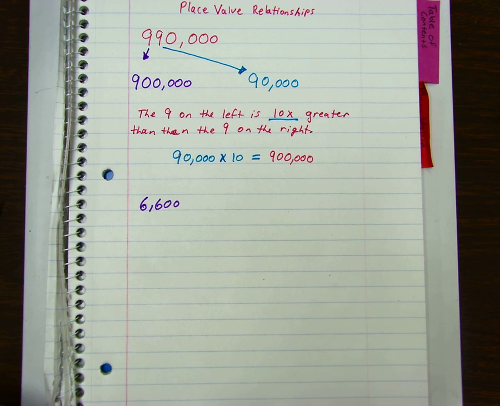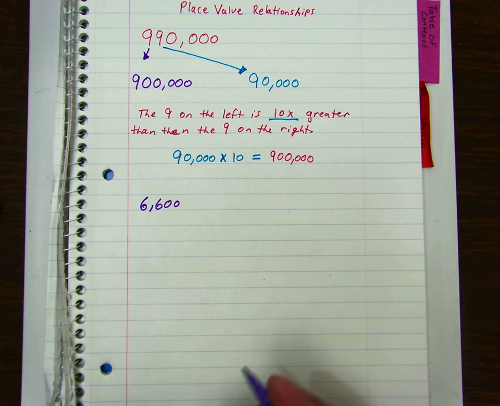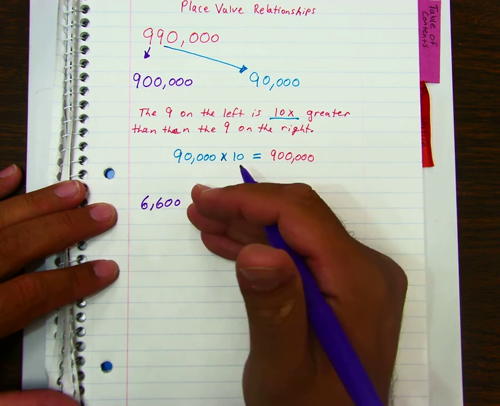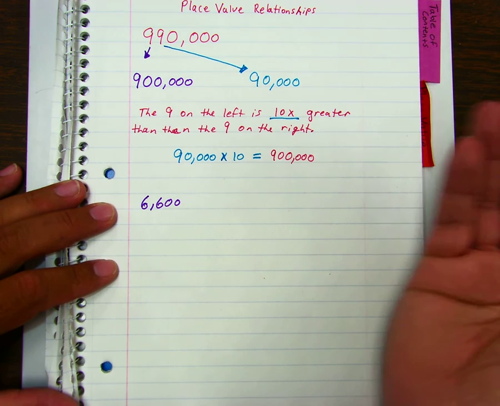We know that the 6 on the left is greater than the 6 on the right. But by how much? That's where we come to the place value relationships. So again, the 6,000 is 10 times greater than 600.